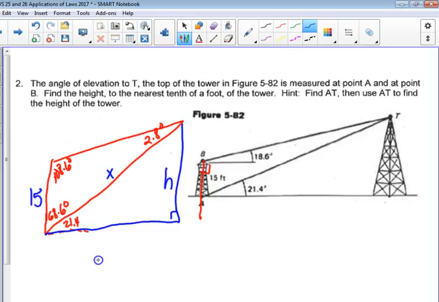The 108.6. I did 90 plus 18.6 because there was a vertical line and then that one is a horizontal plus 18.6. Yeah, that's where I got the 68.6 down in the bottom. Yep.